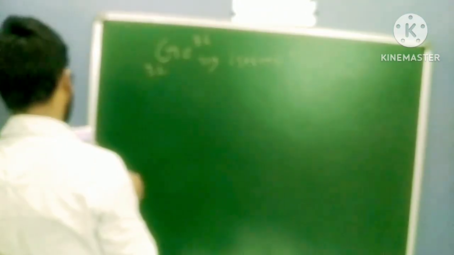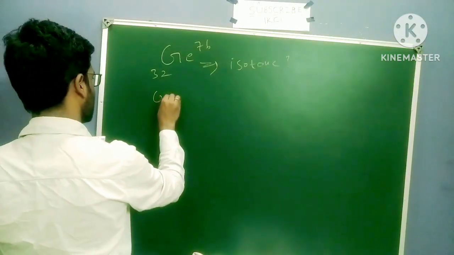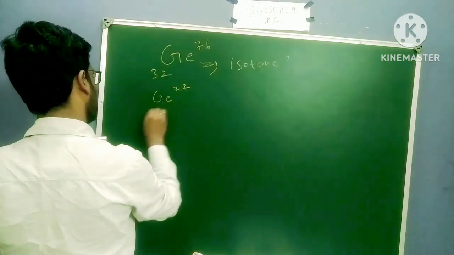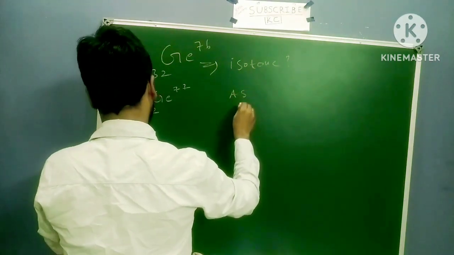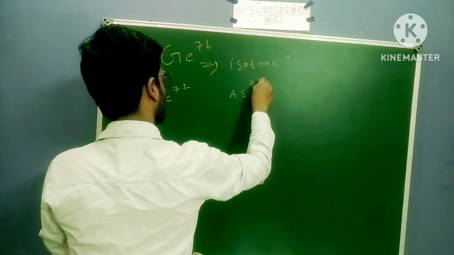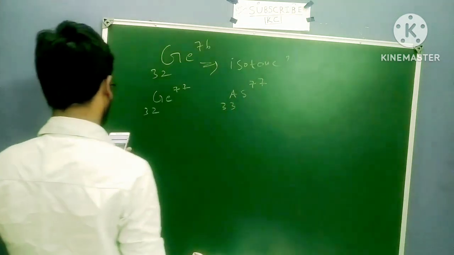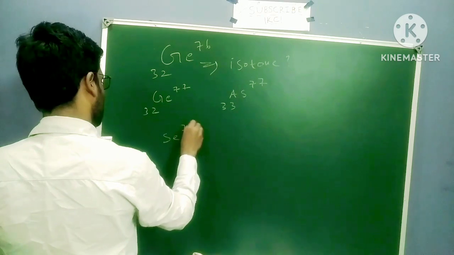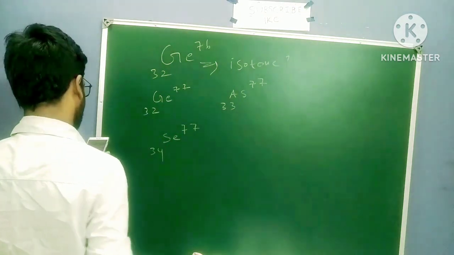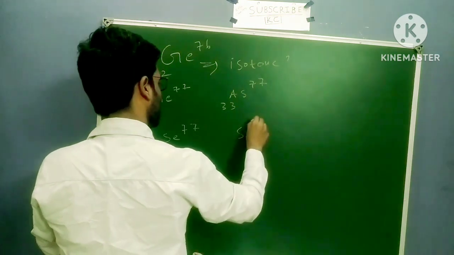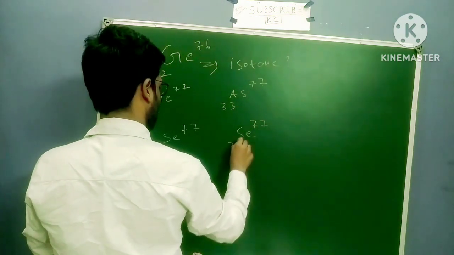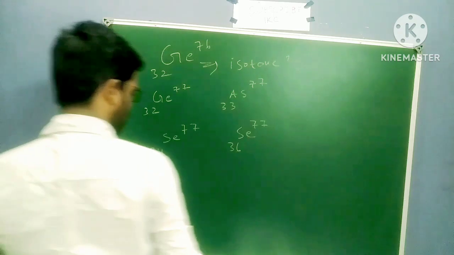The options: first germanium 77, 32; second arsenic 77, 33; third selenium 77, 34; fourth selenium 77, 36.